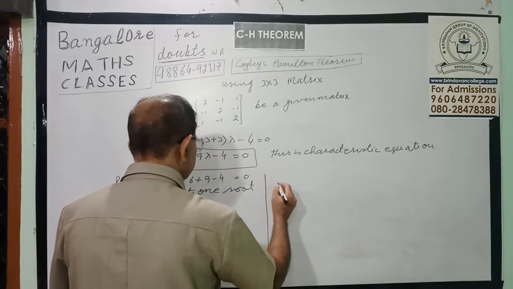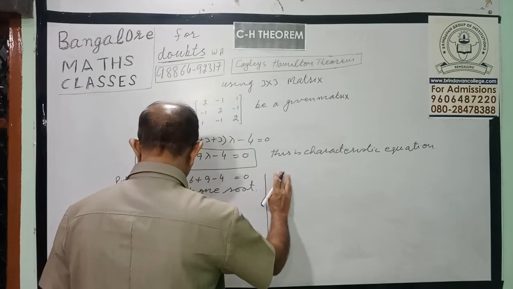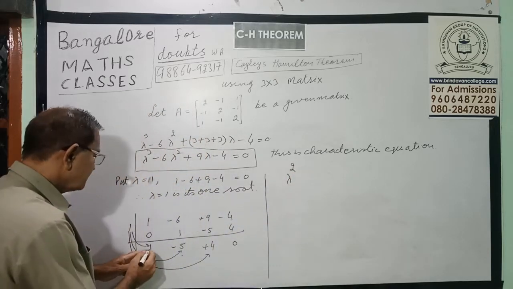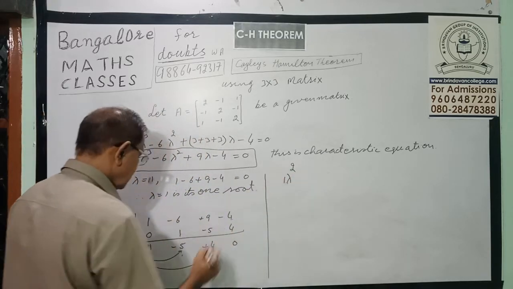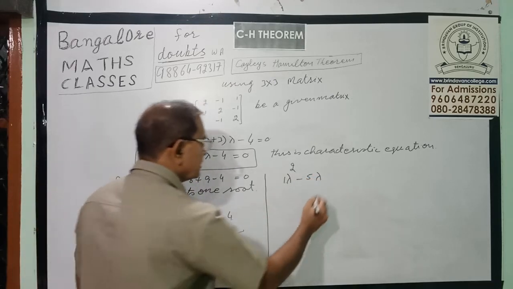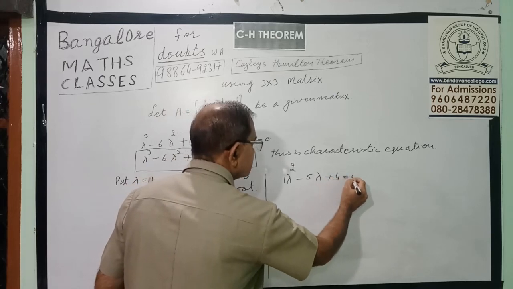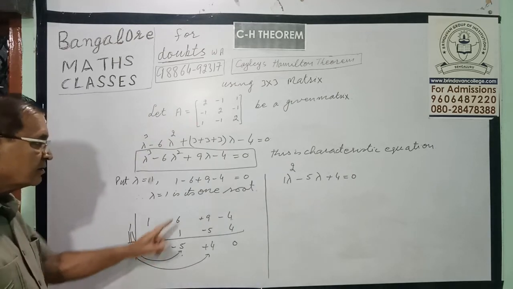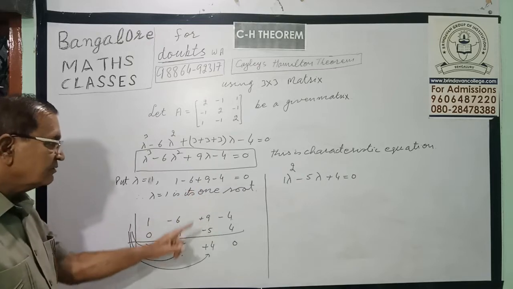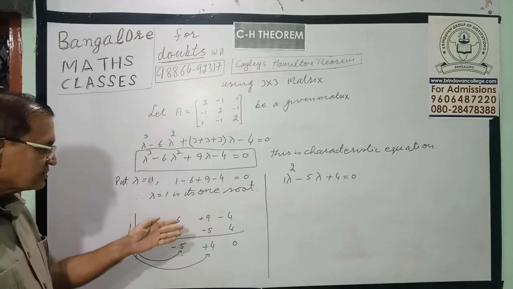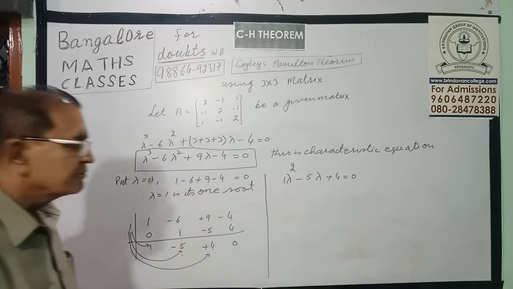So what factors are we getting? Lambda equals 1 we have got. So the quotient is 1 lambda square minus 5 lambda plus 4 equals 0. Because I am teaching you, I am doing it slowly, otherwise you can finish it quickly.